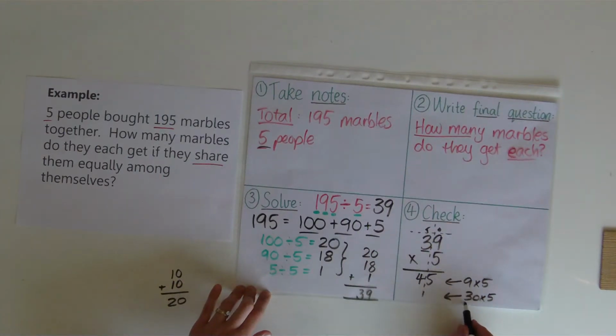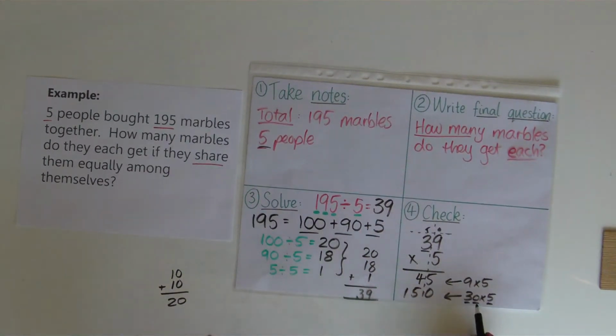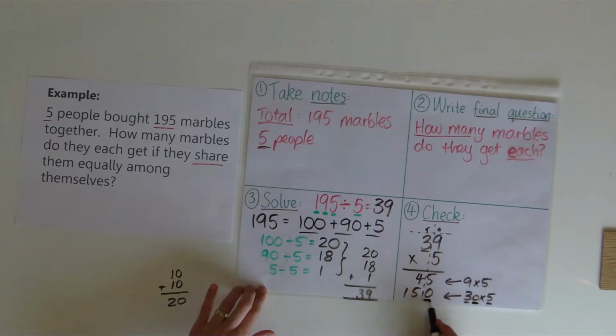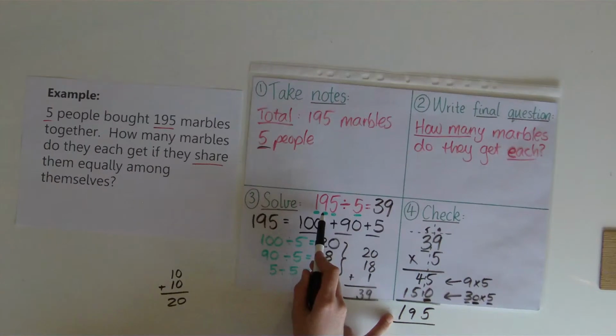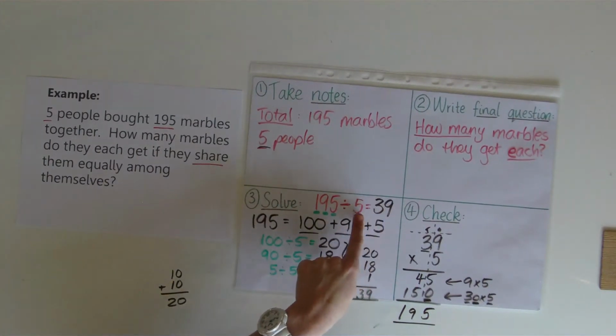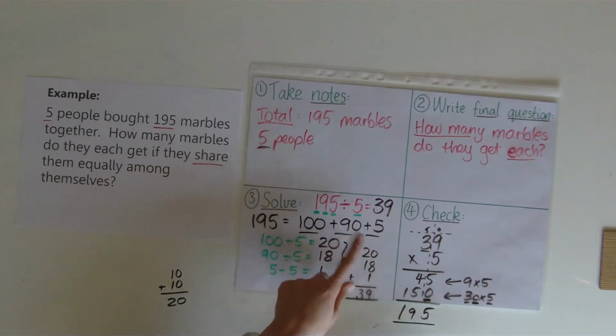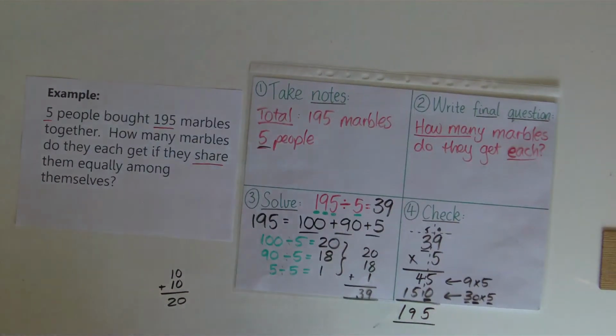So 30 times 5, I know that 3 times 5 is 15, and then I have to have the 0 here because I'm multiplying it by 30, so we've got that 0 at the end that just goes there. And then we just add them up, so 5 plus 0 is 5, 4 plus 5 is 9, 1 plus nothing is 1. And that equals 195, which in fact is the number up here, so that is correct. Because 39 times 5 is 195. You can go backwards on that one to check. So we've checked, and we're right.